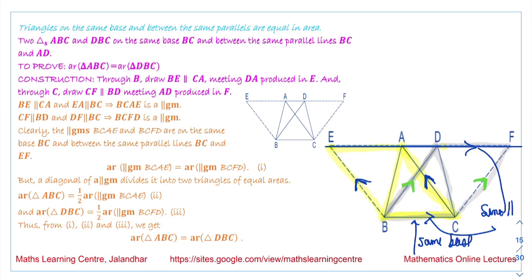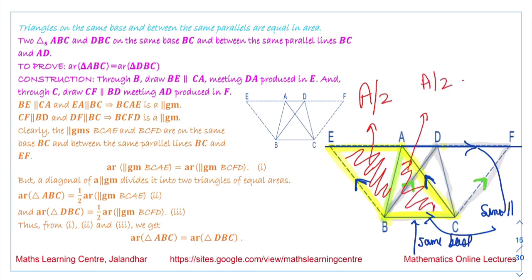Now when we look at this parallelogram BCAE, BA is the diagonal. If the area of the parallelogram is A, then the area of this triangle will be A by 2 and the area of this triangle will be A by 2.